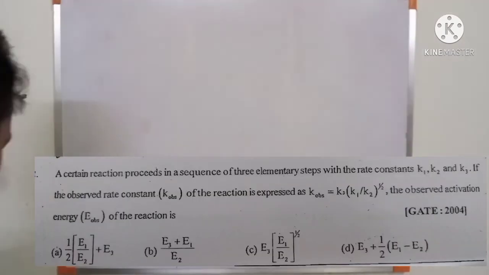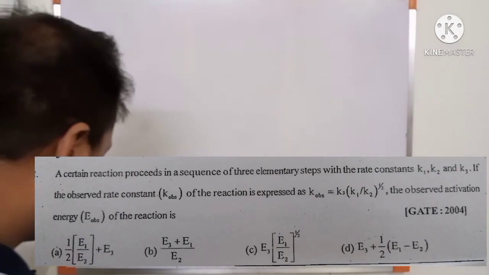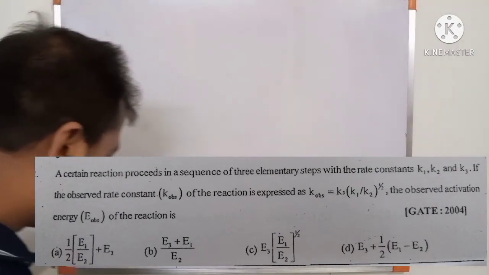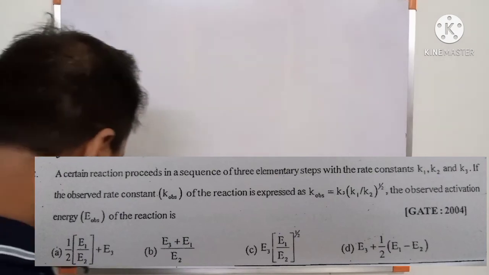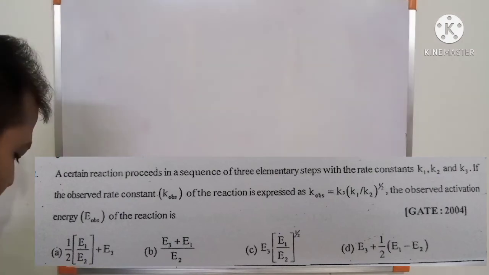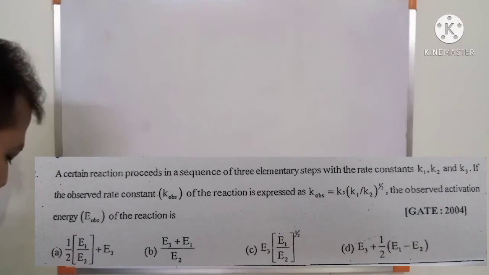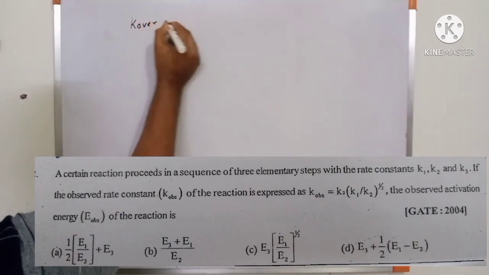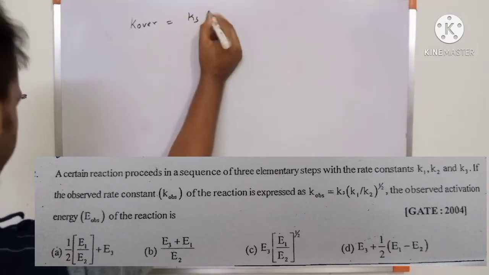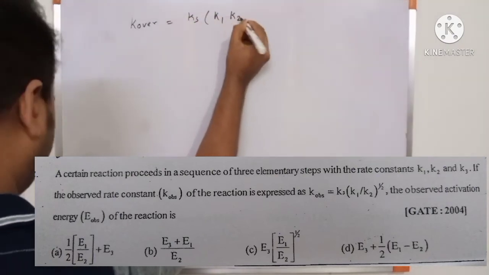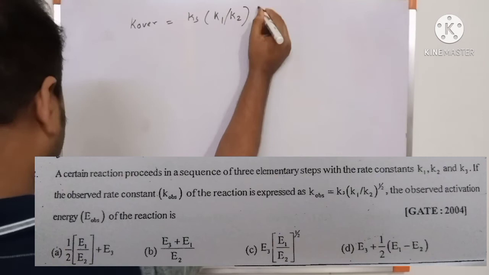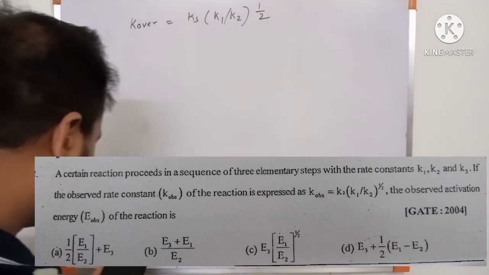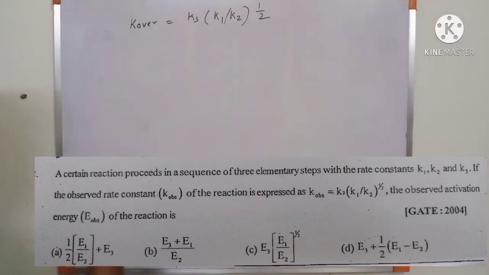Second example: a certain reaction proceeds in a sequence of 3 elementary steps with rate constants K1, K2, K3. If the overall rate constant K overall of the reaction is expressed as K overall equal to K3 times K1 by K2, whole to the power half, what is the observed activation energy of the reaction?